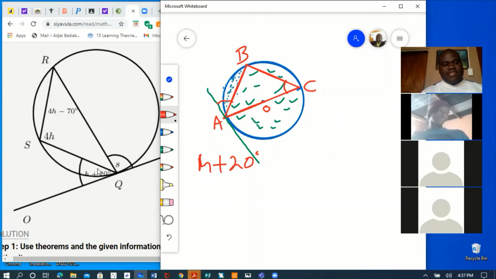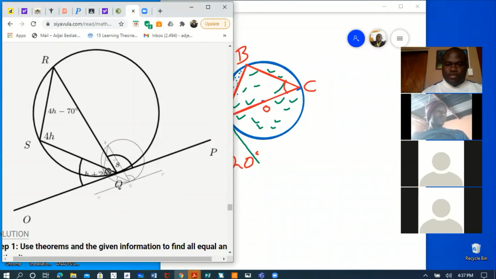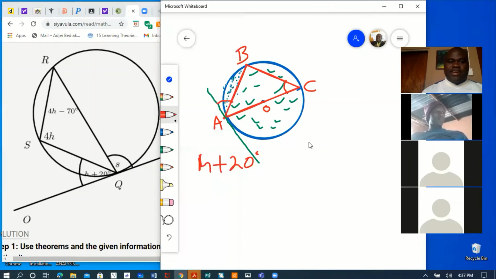My question is this: which chord subtended this angle R? SQ. You see that? Yes, sir. SQ is the one that subtended angle R, so we are going to treat it the same way as this one.